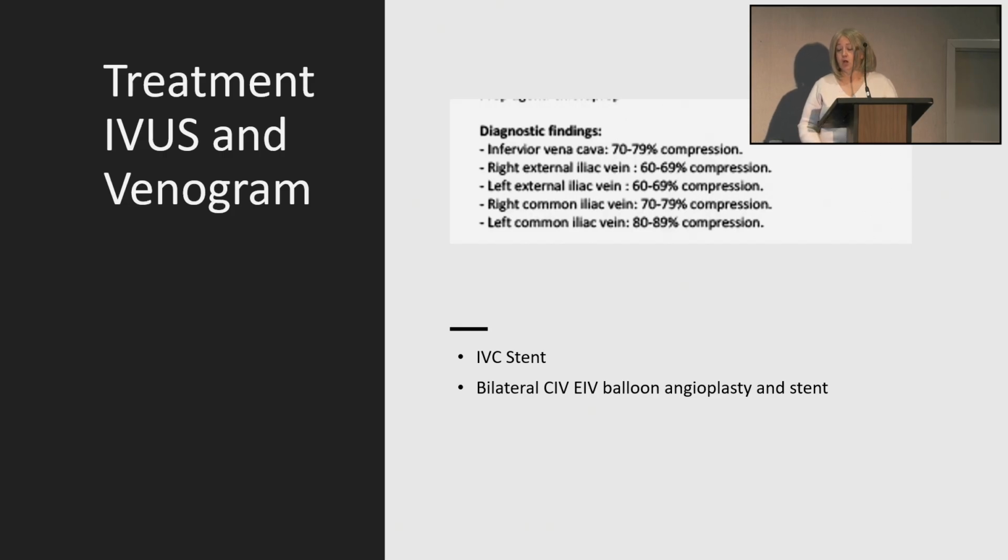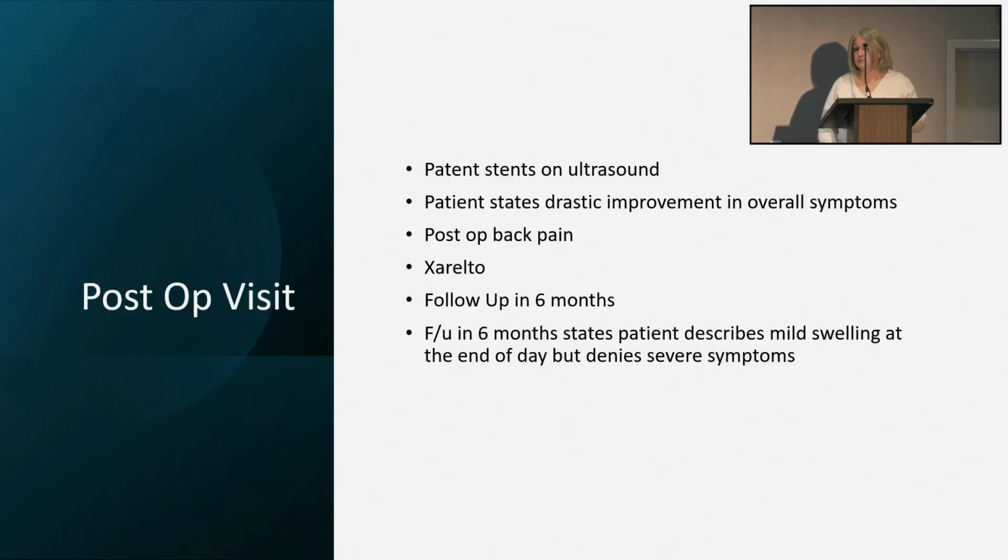This patient went on to IVUS and venogram, which Dr. Harris is going to talk about. So her diagnostic findings, she had significant compression, not just in her iliac veins, but also of her IVC. This surgeon treated the bilateral common and external iliac veins with a stent and extended into the IVC as well.